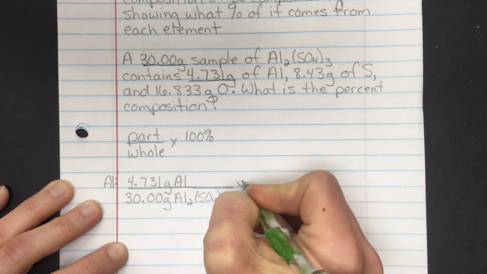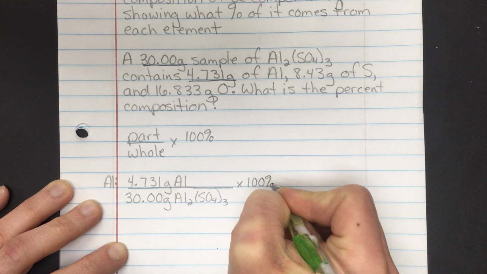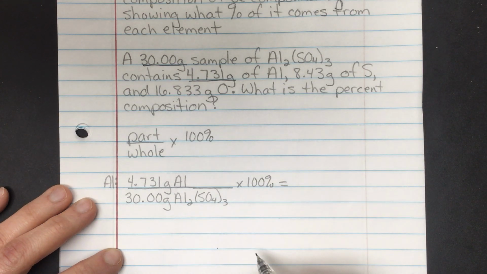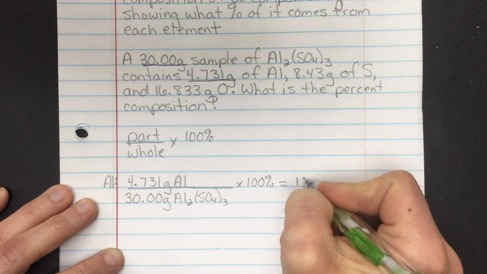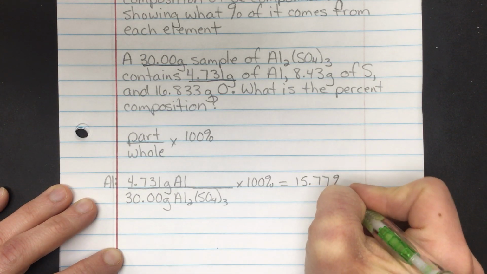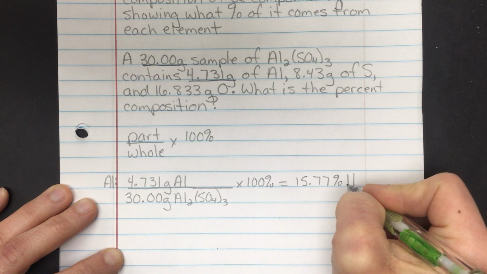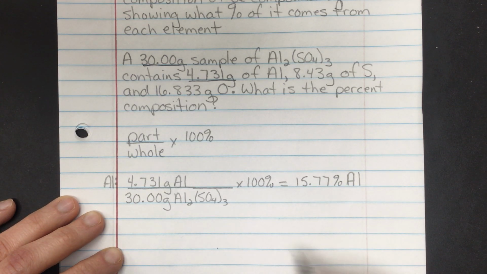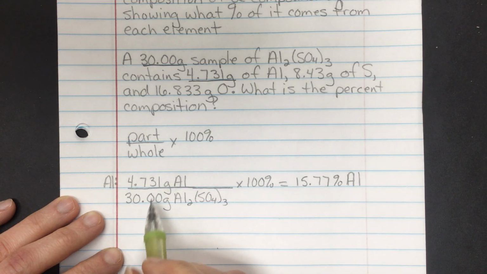And multiply that number by 100. And when we do that division and multiplication, we end up with 15.77% aluminum in the sample. Now, realize I'm sticking with the 4 significant digits here.